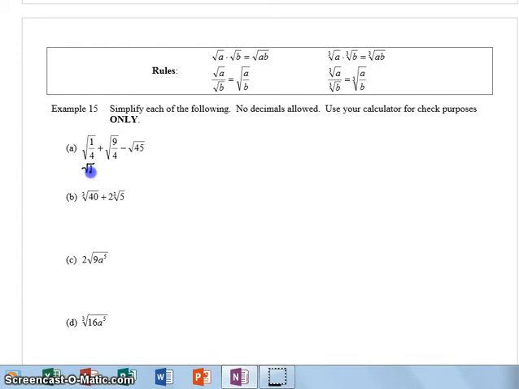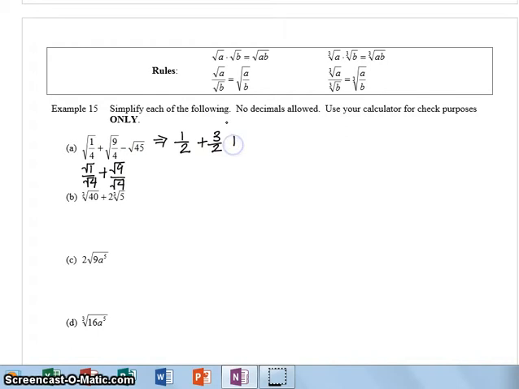So think of that as square root of 1 over square root of 4. Okay, and then square root of 9 over square root of 4. So that first part simplifies to 1/2 because the square root of 1 is 1, the square root of 4 is 2. And then this part simplifies to 3/2.